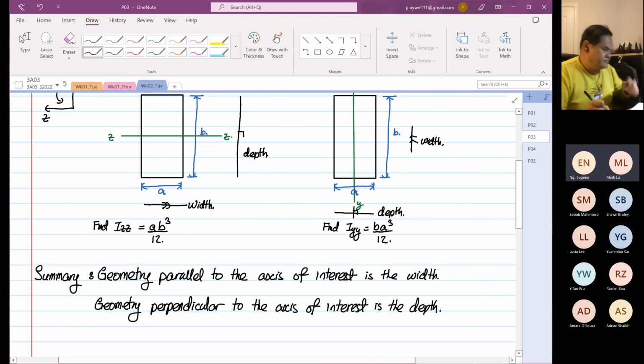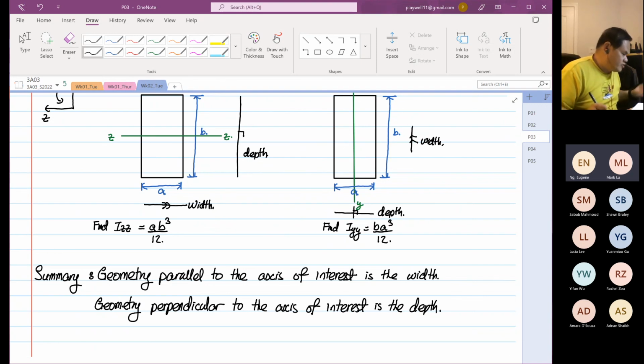That's how I tend to remember, and that's how I encourage you to remember.